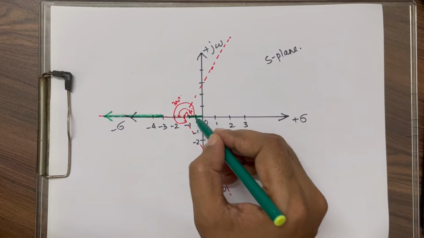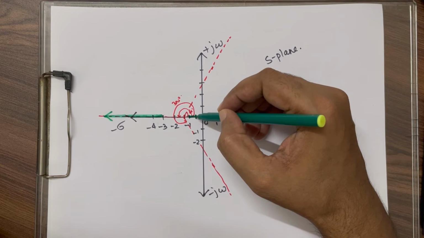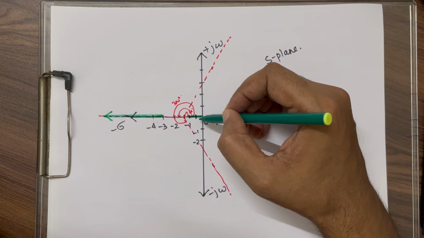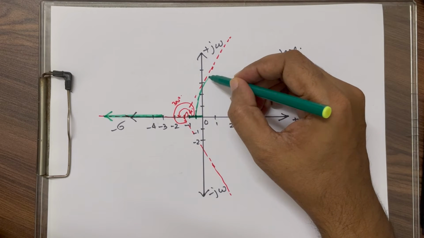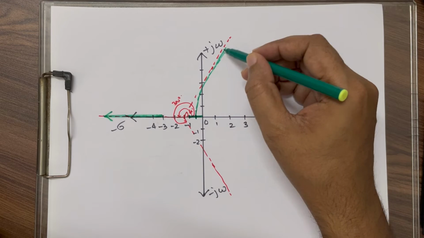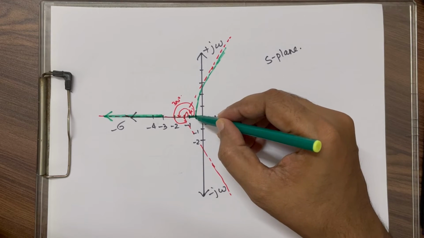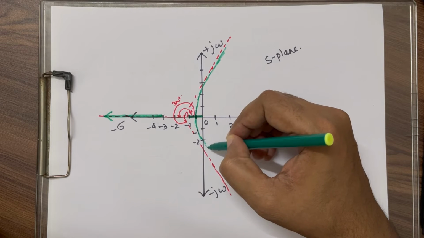From there it is going to break away like this, and it will follow the asymptote.